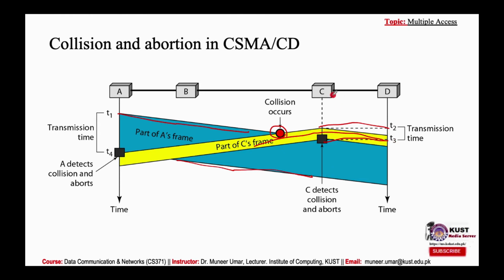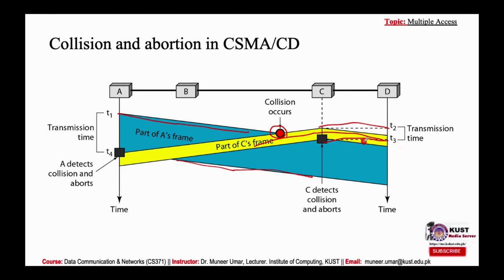Now the station C would detect this collision at time T3, and also the station A would detect this collision at T4. Actually at T4, the station A would receive this bit from C, and also the station C would receive A's bit at time T3.